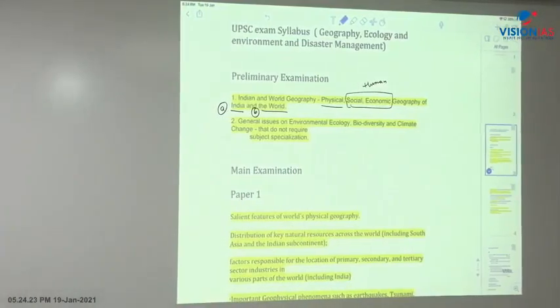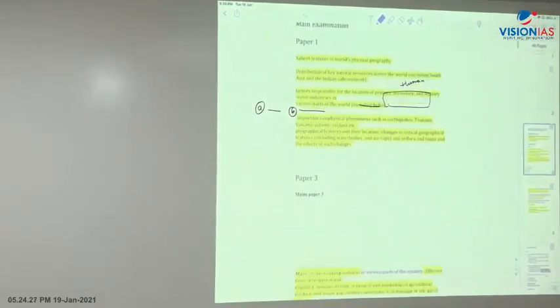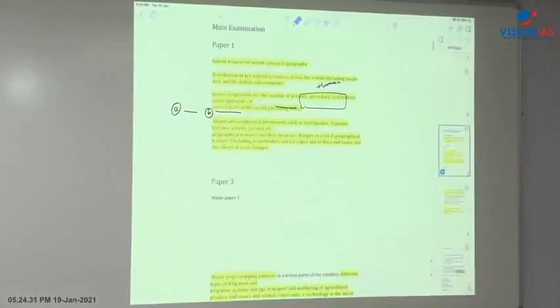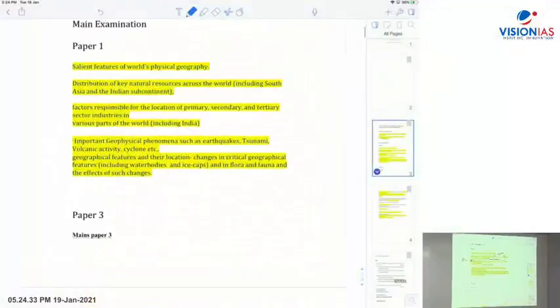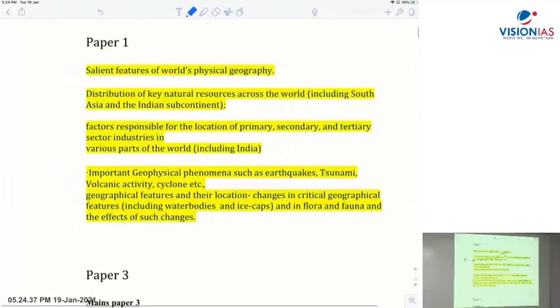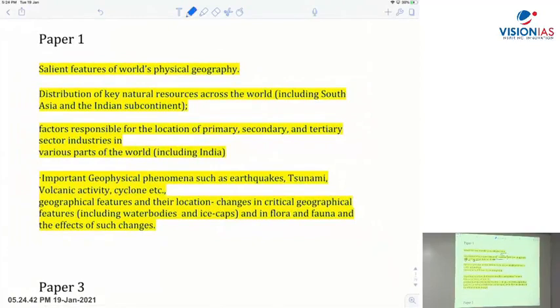Okay, what all does the main syllabus say? See here. And when I say main syllabus, the main syllabus is divided into parts. I'll take you to the paper 1 main syllabus first, and then we'll go to the other part later on. Okay, so this is the first part, the paper 1 part of the main syllabus.